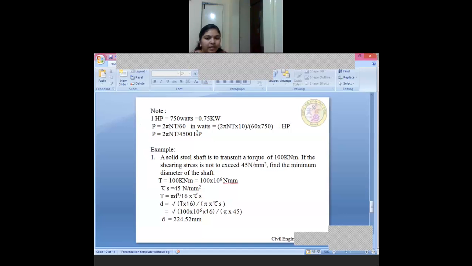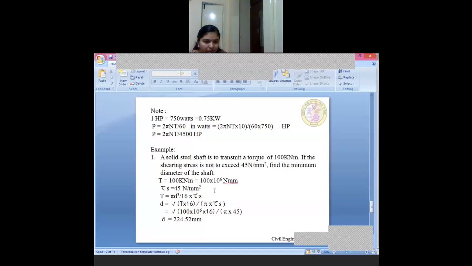So here it is telling that it is a solid steel shaft transmitting a torque T of 100 kNm and the shear stress is 45 Newton per mm square. What is asked is D. So T is 100 into 10 power 6 Newton millimeter and tau is 45 Newton per mm square.